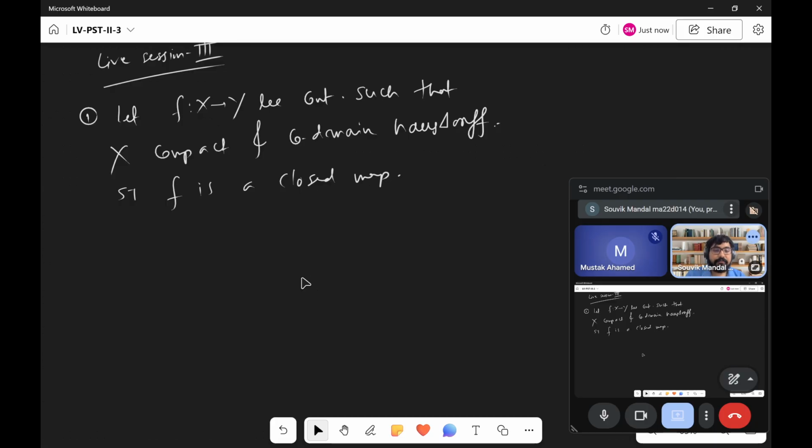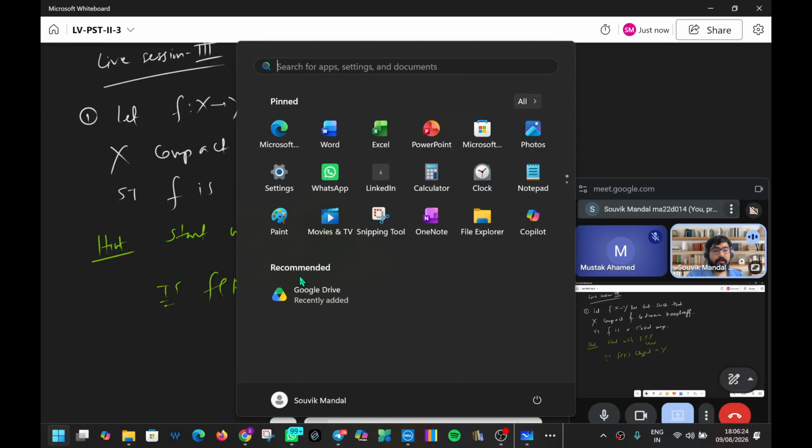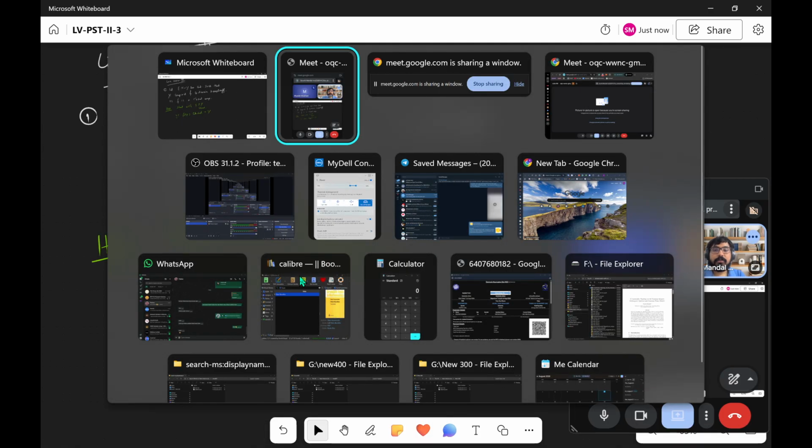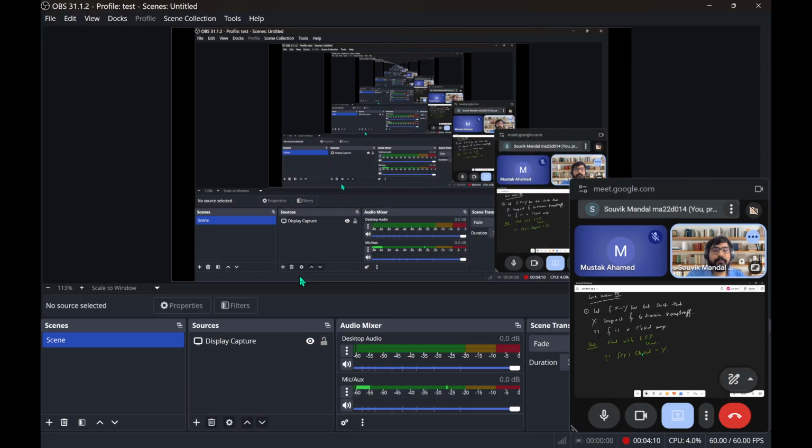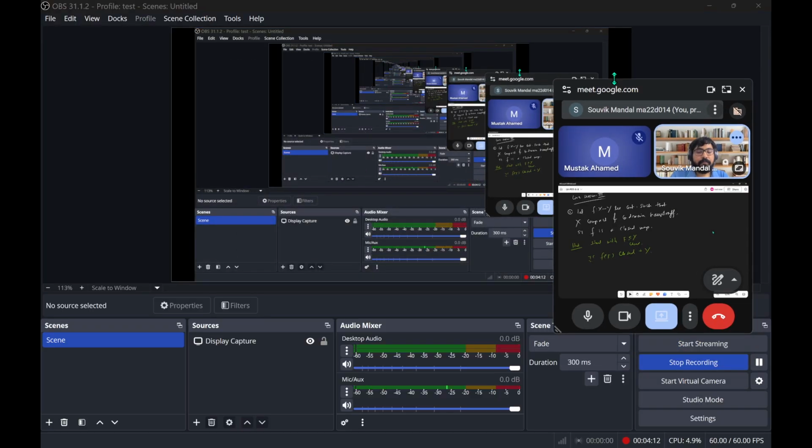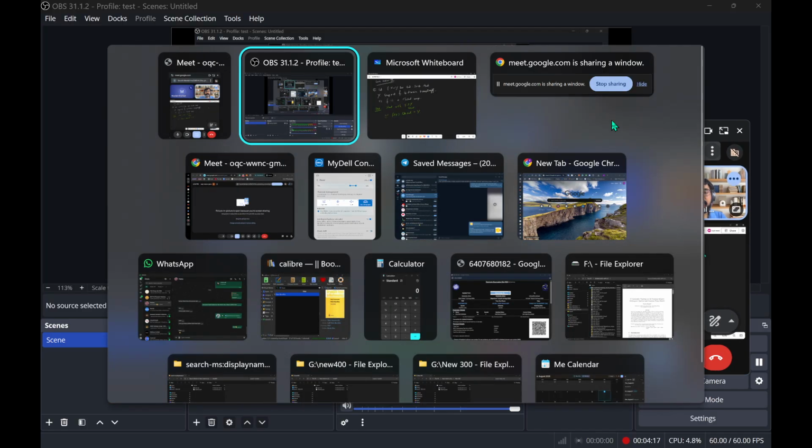Let's call it F. The hint is as follows: start with a closed set F subset of X. You need to show that f of F is closed in Y. Please take your time, think about it, let me know.